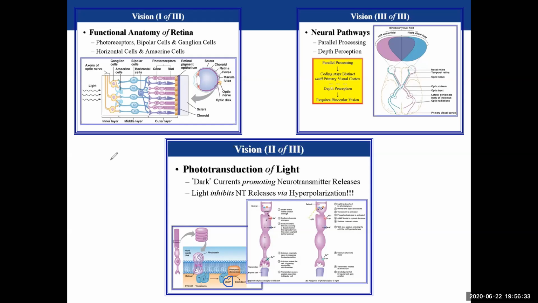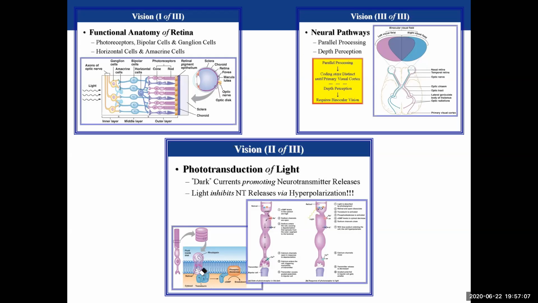Now, in the presence of light, when light strikes the rhodopsin, activating the retinol molecule, a G protein called transducin, T-R-A-N-S-D-U-C-I-N, gets activated. Every time light strikes rhodopsin, the G protein is activated.